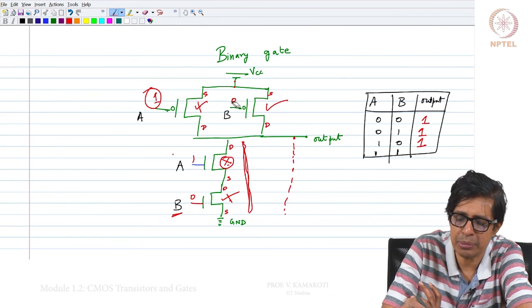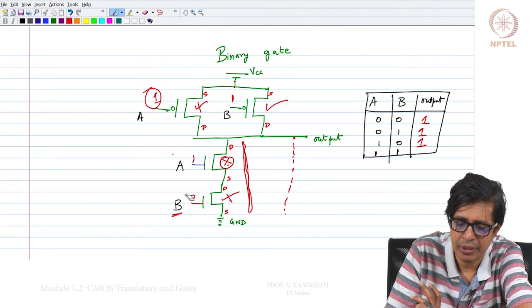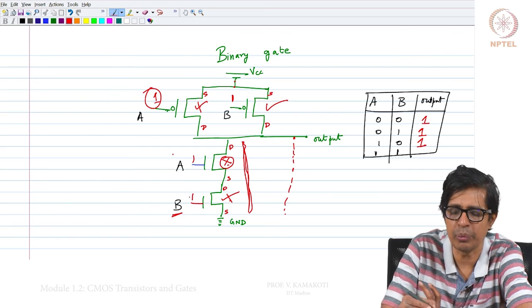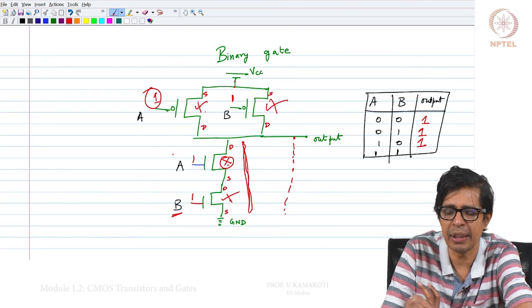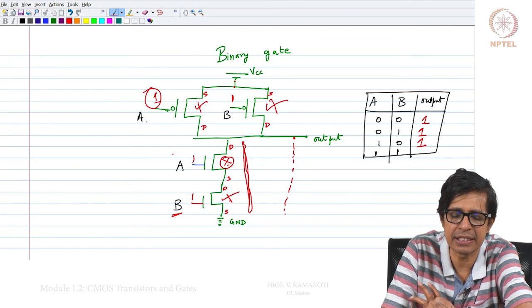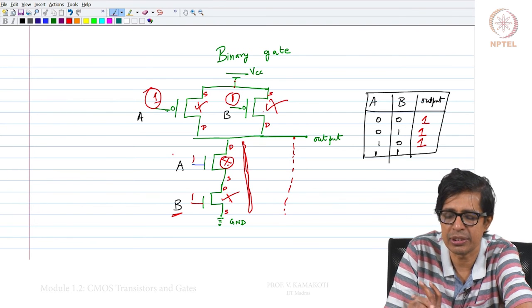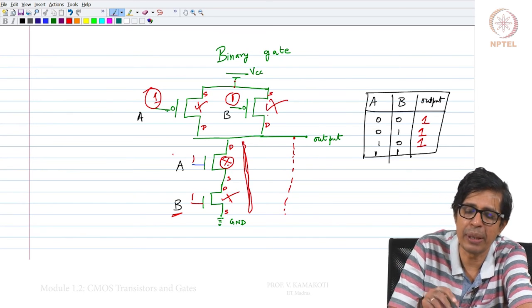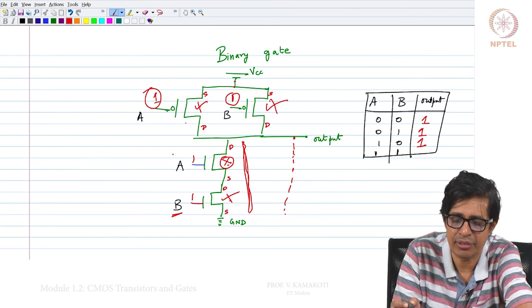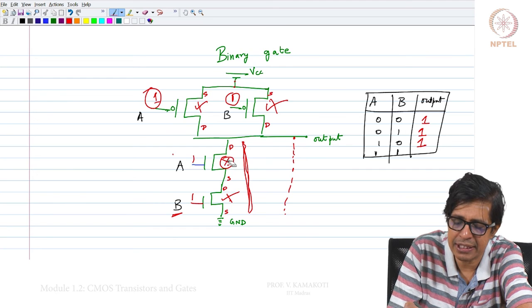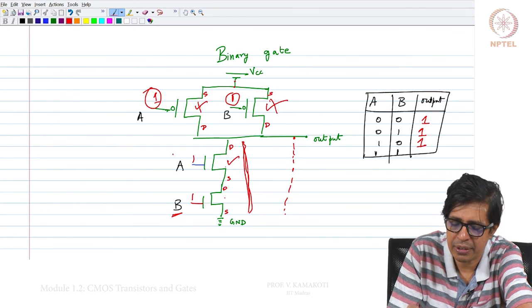Now, let us take the last part, which is 1 1. When we put 1 1, both the P transistors to which A and B are connected are now disconnected, because you have given 1 to each and they are P transistors. If I give 1 to a P transistor, it is off, and both the N transistors are on because we have given 1.